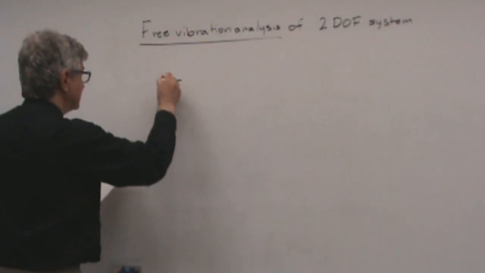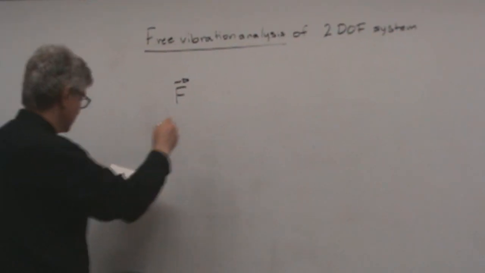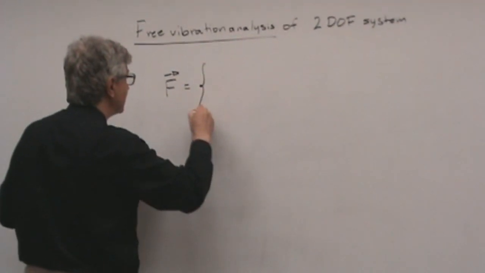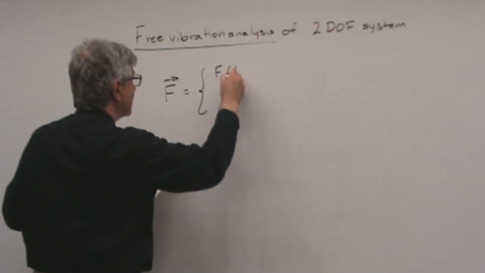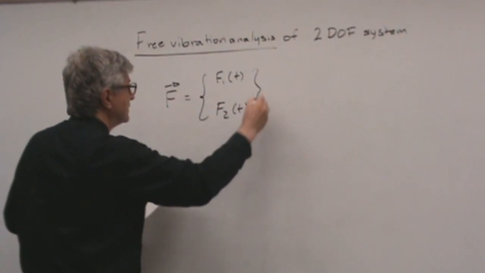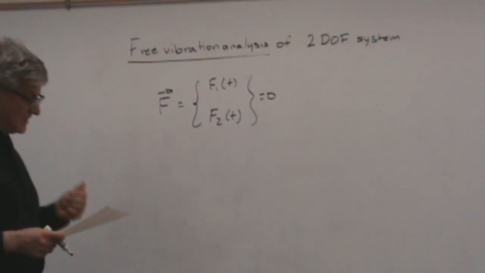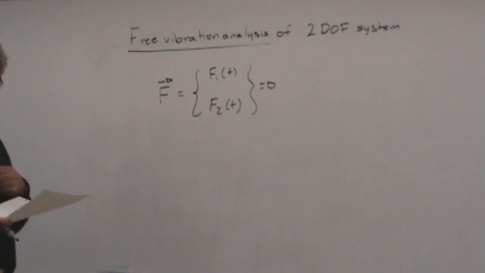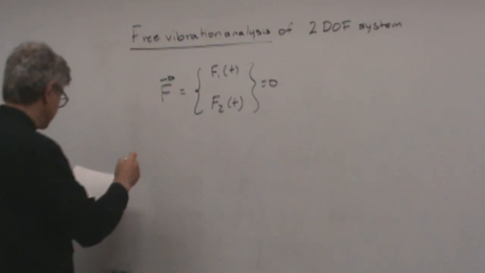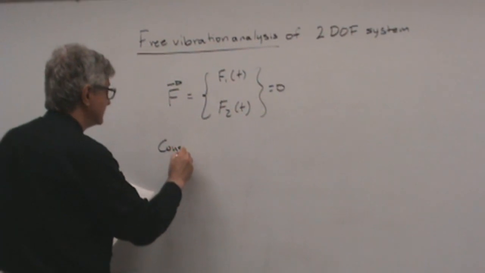So F, the right-hand side in the equation of motion, is equal to 0. And we'll consider also that there is no damping.